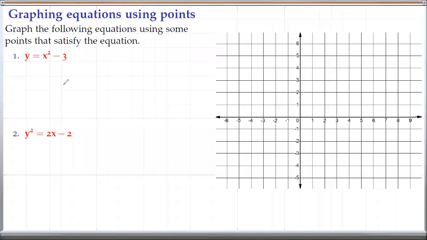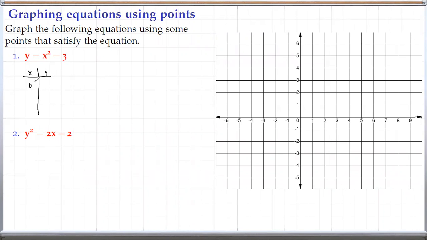Now let's look at how we can graph these two equations. The first one, we have y equals x squared minus 3. One of the most common ways of graphing equations like these is using a table. We can put x and y values in a table like this one, and then try to plot some of them.